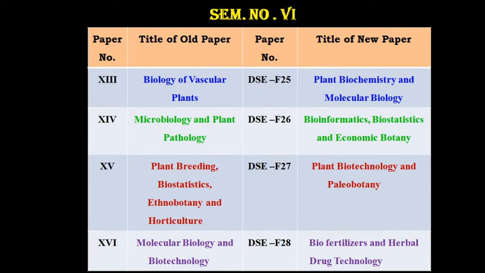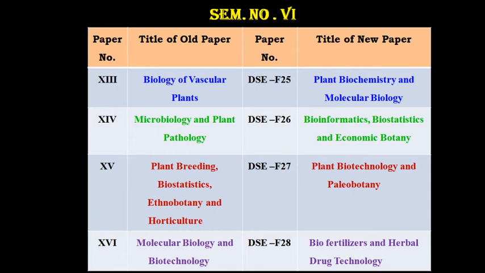In semester 6 we again have 4 papers, that is paper number 13, 14, 15 and 16. Paper number 13 is biology of vascular plants, which has been changed to plant biochemistry and molecular biology. Paper number 14 is microbiology and plant pathology, which has been changed to bioinformatics, biostatistics and economic botany.